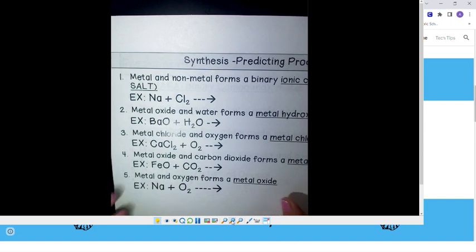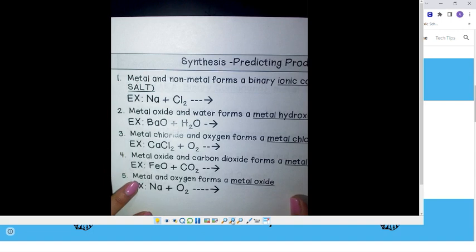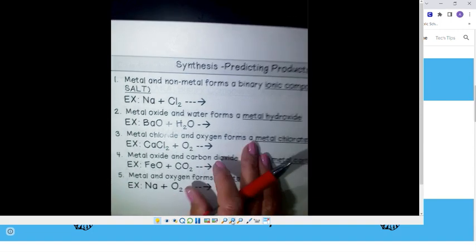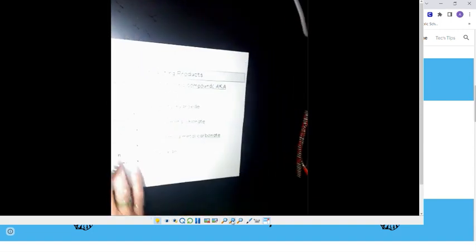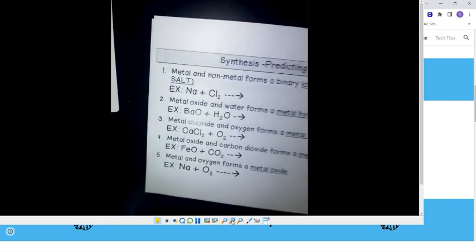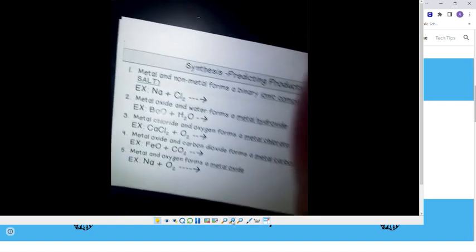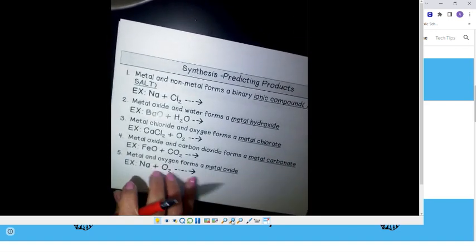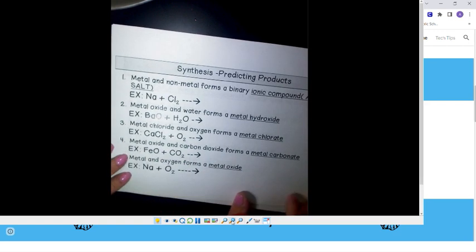So the first one is going to be, let's see if I can, give me a second. See if we can get this all on here. There we go. That's a little bit better.